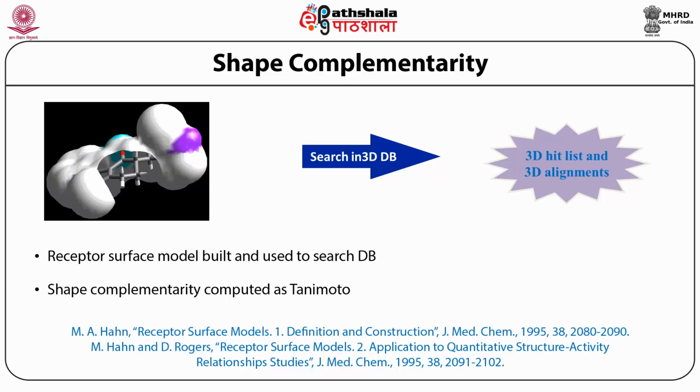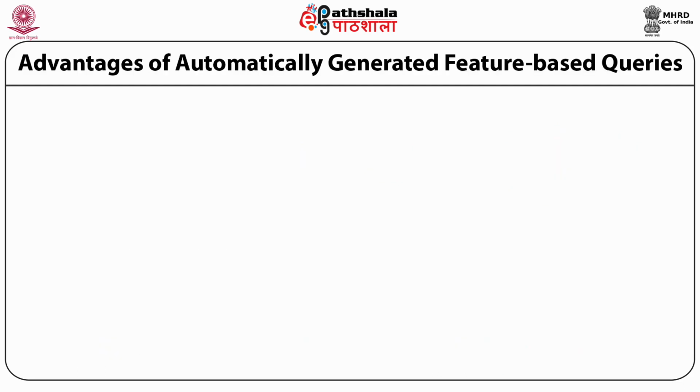So one does not need to know it from any crystal structure or any active site. However, if known active compounds which bind to the active site are taken care of, the shape or surface model can be built up, and that would help to reduce the large hit list.